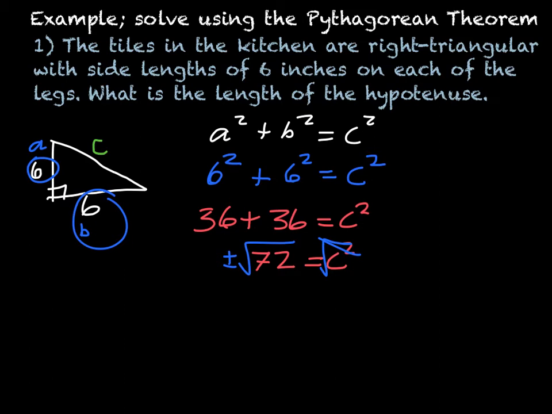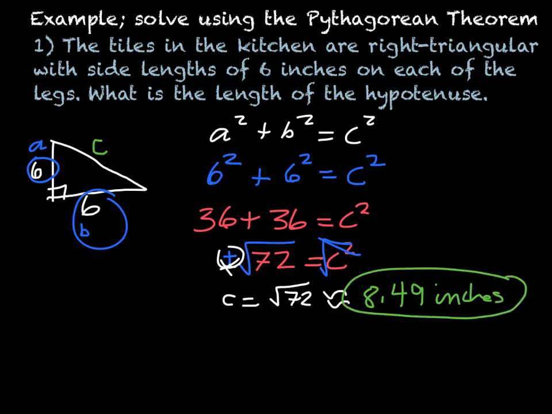However, the negative doesn't make sense because you can't have a negative length on a side, so I'm not going to have the negative on there. It's just going to be the plus version. So I have c equals the square root of 72, which I'm going to approximate at 8.485, which would round to 8.49, and that would be inches. So that would be your final answer.